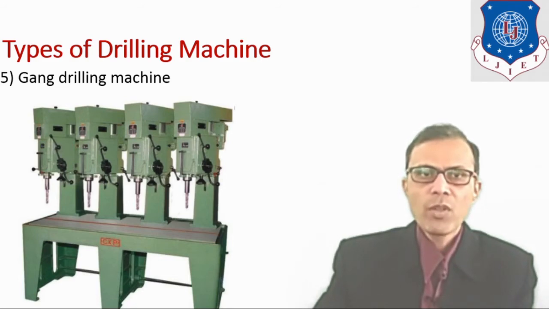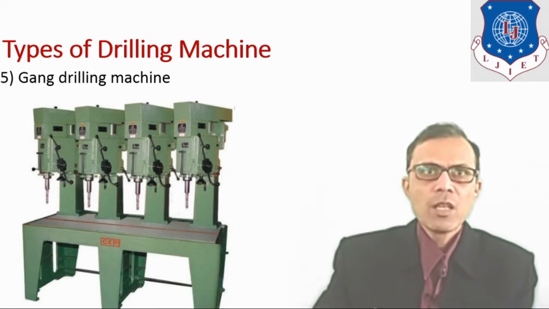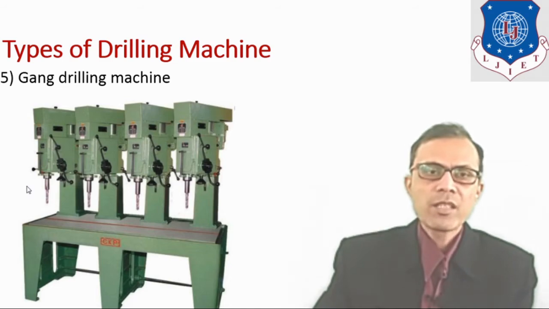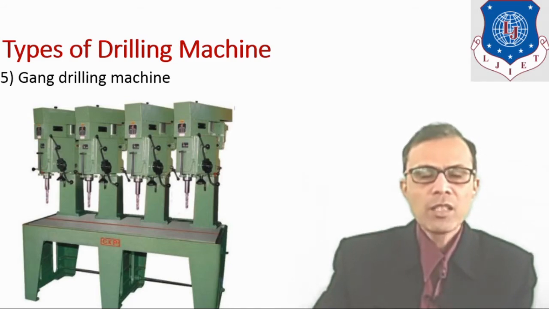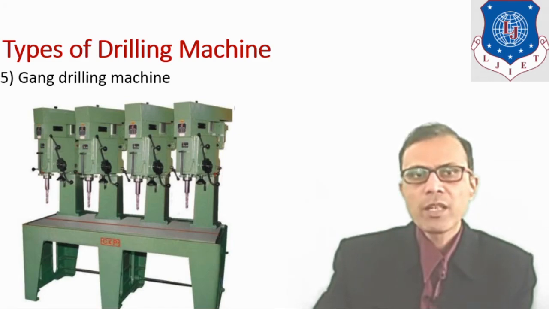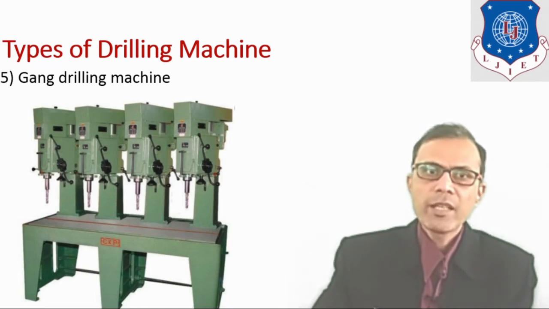So we can produce a number of operations simultaneously by simply shifting the workpiece from one station to another station. In the drill head, we can mount a drill or another tool also, like a reamer or countersink, and run it by the drill head. So it is useful in the case of mass production work.